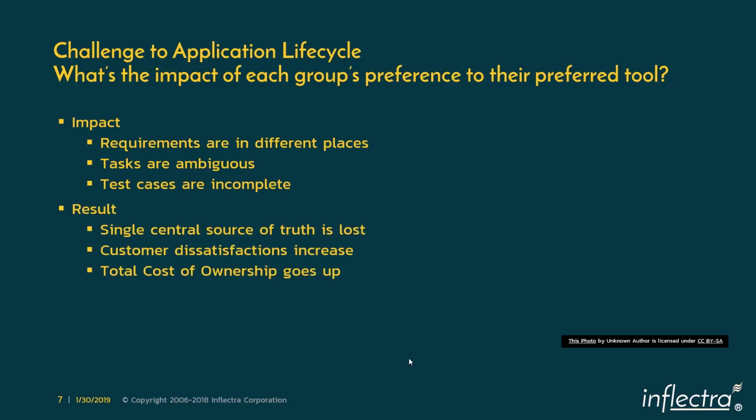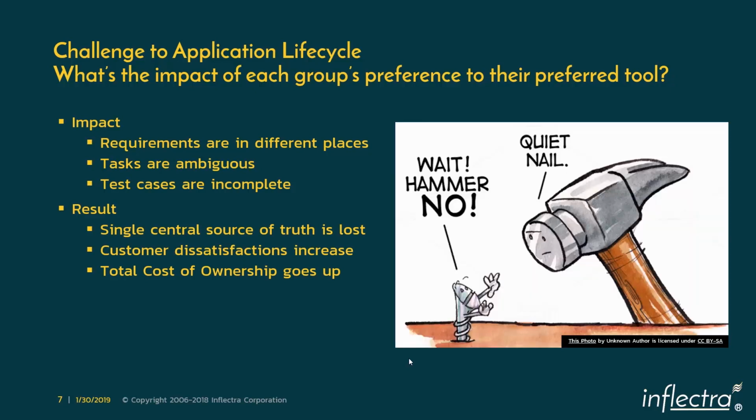So the result is that the single, central source of truth to what the customer wanted and what we delivered is open for misinterpretation. The concept of application lifecycle becomes murkier because all problems are treated like the same nail and the same hammer is used to solve everything. The total cost of ownership for the organization becomes high.